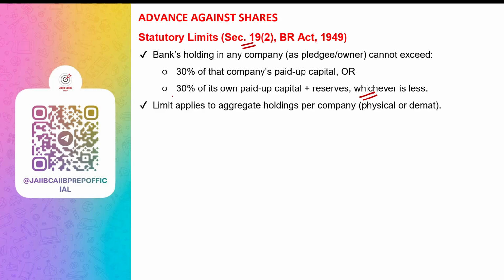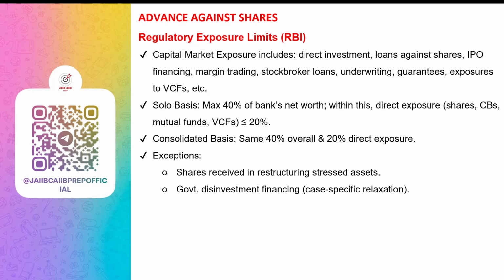So this 30% is a statutory limit. And this ensures banks don't end up holding too many shares of one company, which could expose them to excessive risk. And it applies to all shares, whether physical or demat form.